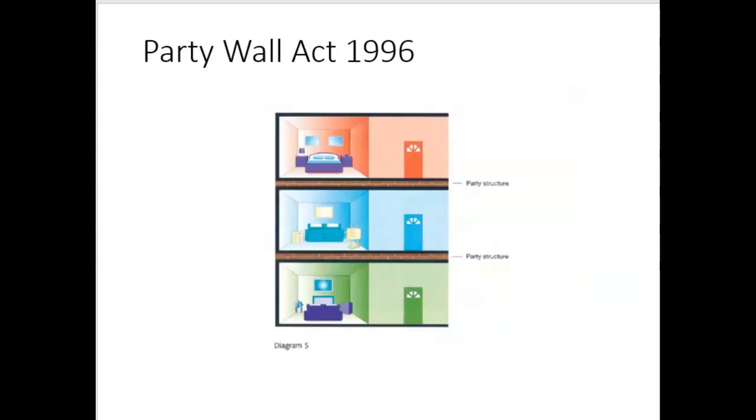And then the final one is a party structure, and this occurs in flats and predominantly is the floors and ceilings between two flats.